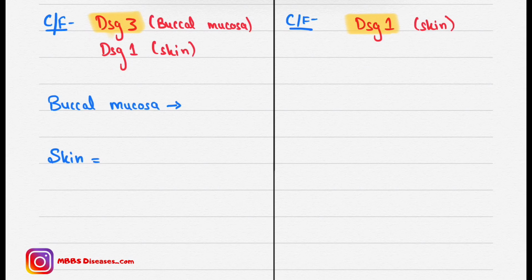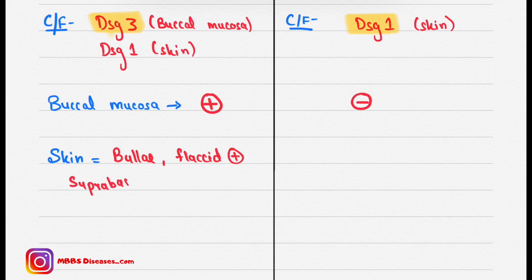So in vulgaris, buccal mucosal erosions will be present, but in foliaceus there is no buccal mucosa involvement. Now coming to the skin part. We have bullae which are flaccid, and we have a suprabasal split.